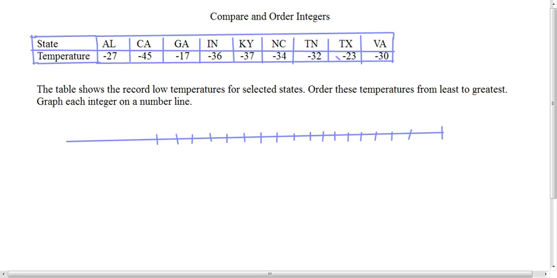Okay, so we'll go in and plot, and we're just plotting what we see. So let's go ahead and put the increments in here.